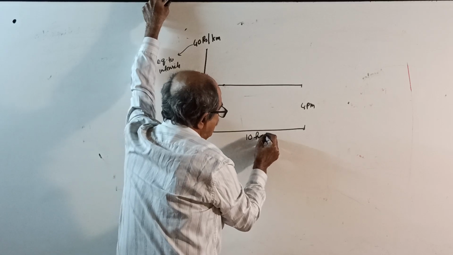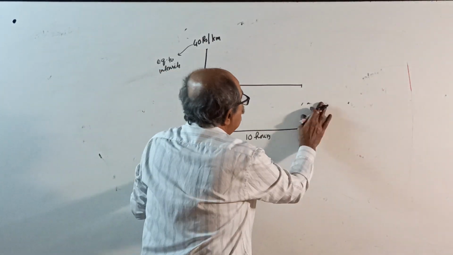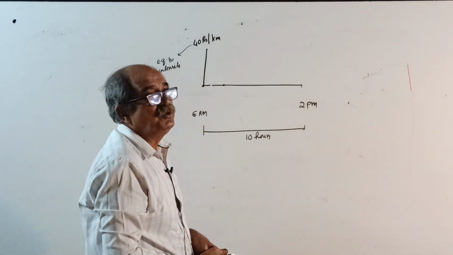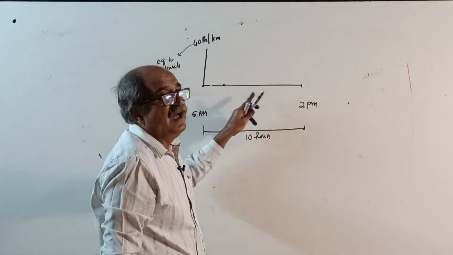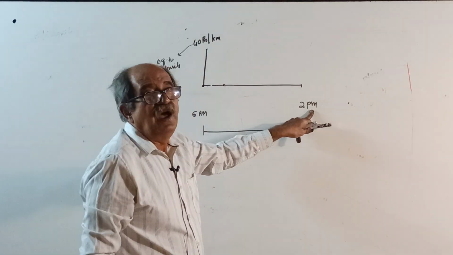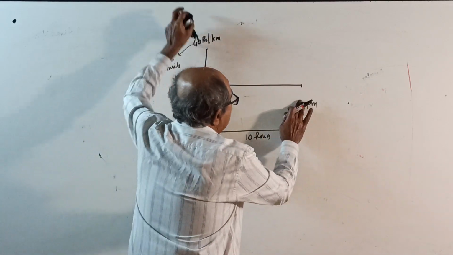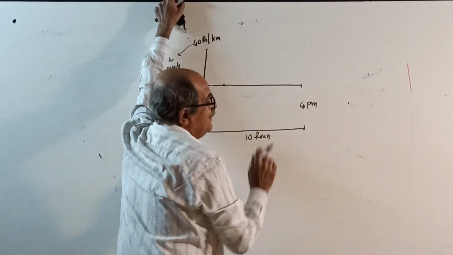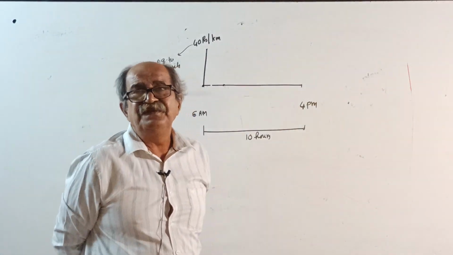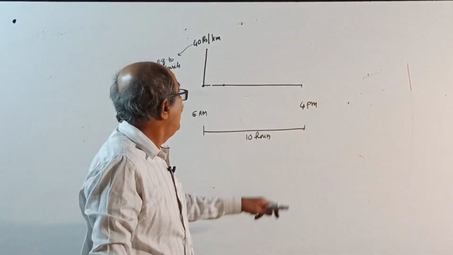You took the taxi for 10 hours. 6 a.m. up to 12 noon is 6 hours, another 4 hours, total 10. This is not structures. So in the morning at 6 a.m. you booked a taxi and started your journey.